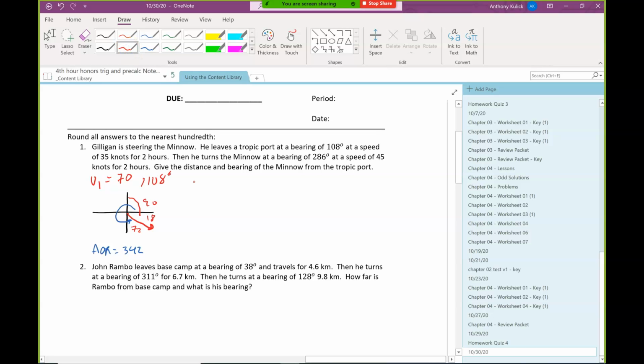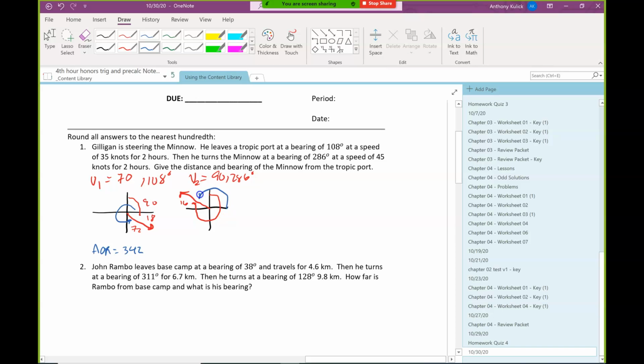Then he turns at a bearing of 286 at a speed of 45 knots for 2 hours. So 45 times 2 is 90, so that's my new magnitude. And my bearing was 286. So starting at north, 90, 180, 270, and then like 16 more gets me there.